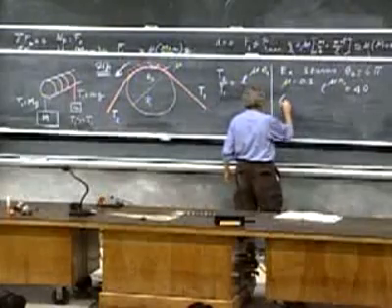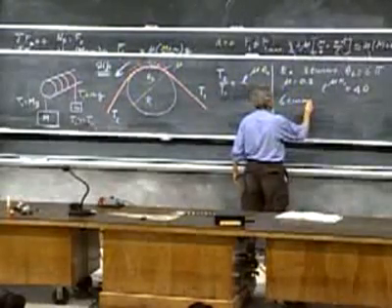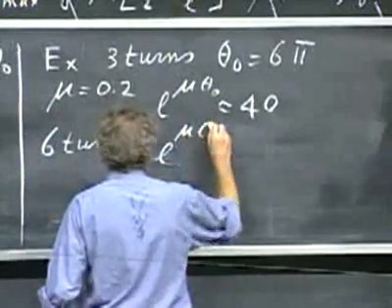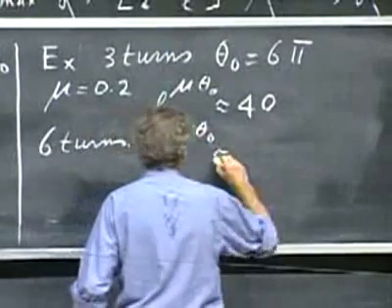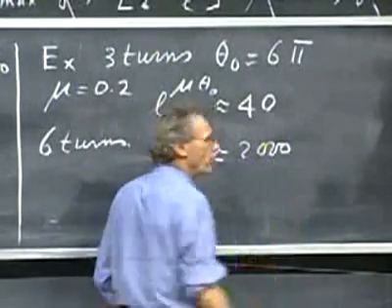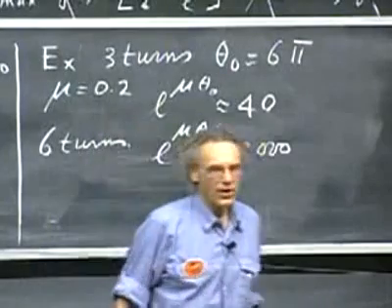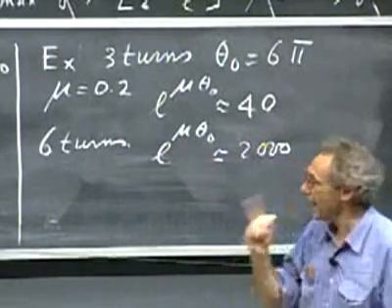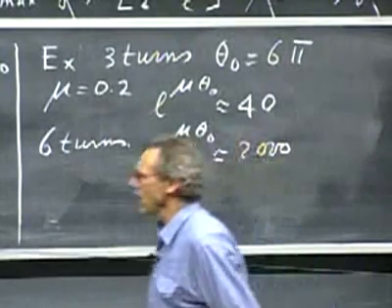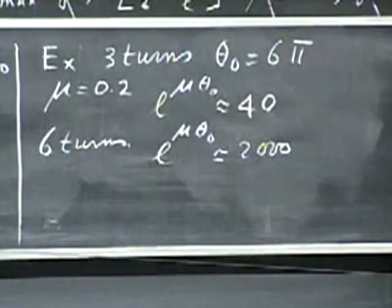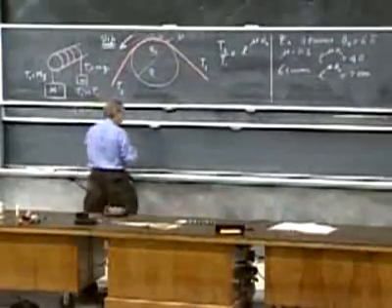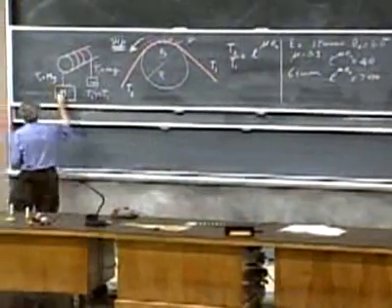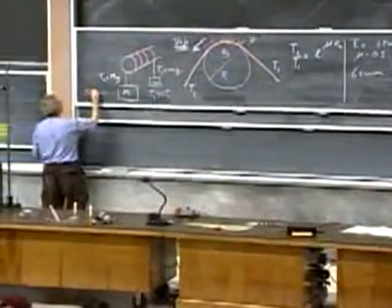But if I take 6 turns, then e to the power mu theta 0 will be about 2,000. So now I can really control an elephant. Imagine now that I have here an object, capital M, which would be 5,000 kilograms.